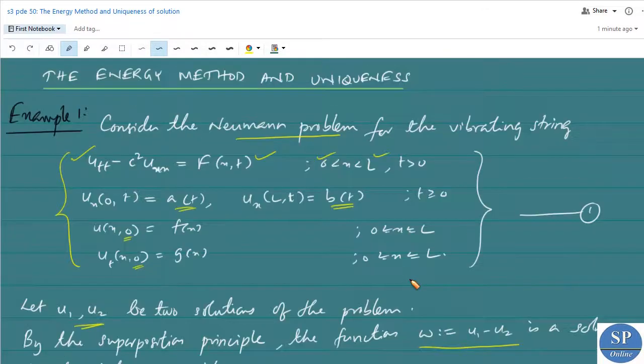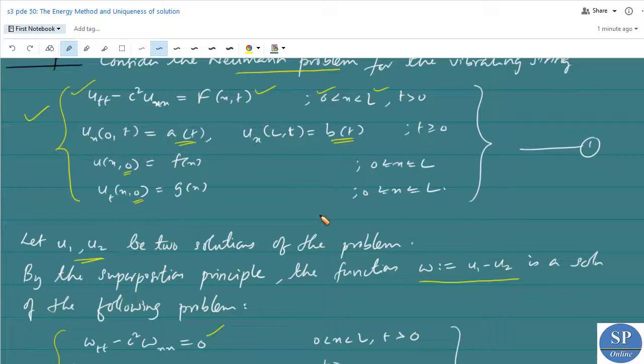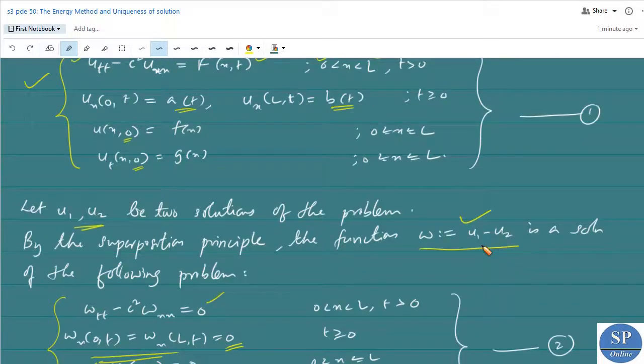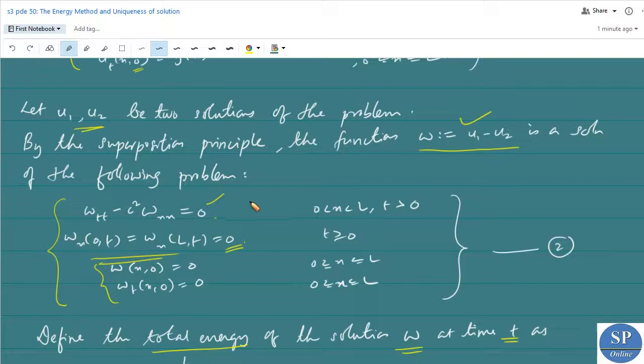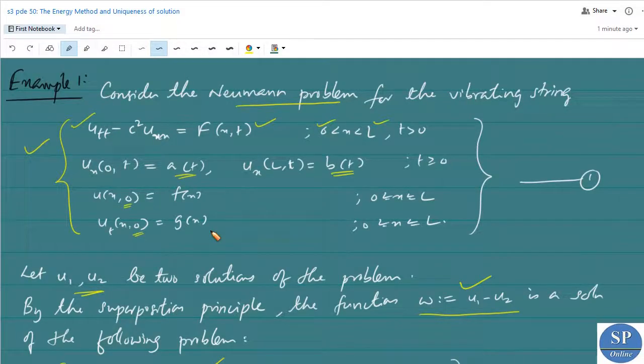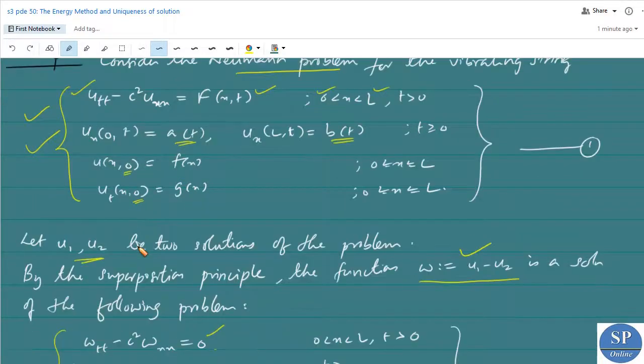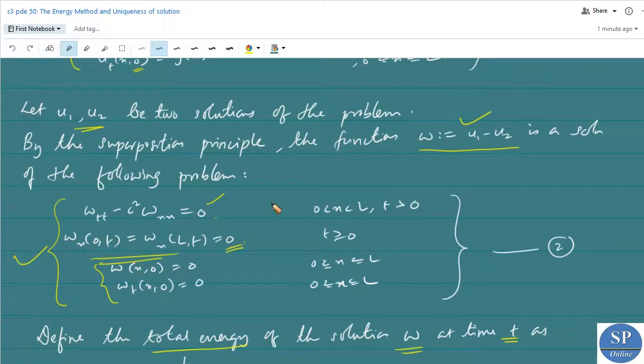Actually, this was our example, the Neumann problem. We assume that u1 and u2 are two solutions of this problem. Then w equal to u1 minus u2 is a solution of the corresponding homogeneous problem with the homogeneous boundary conditions. To show that the given problem has a unique solution, it is enough to show that problem 2, the homogeneous problem with the homogeneous boundary conditions, has the zero solution.